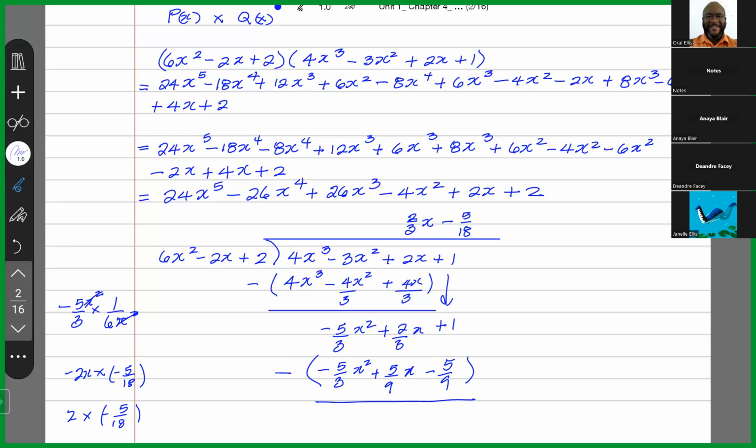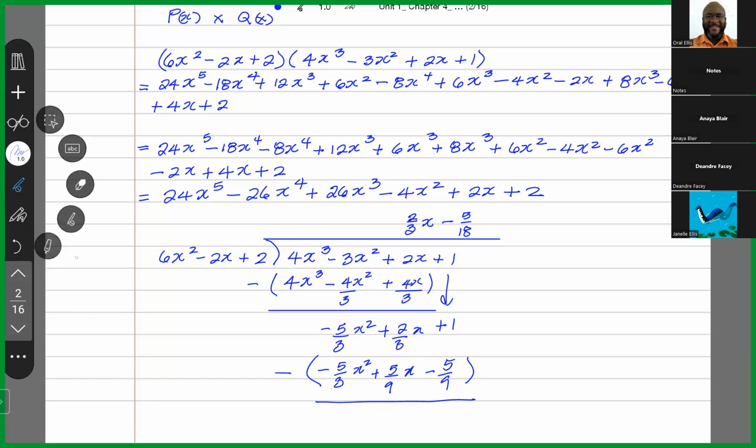When we do, we're going to end up with 2 thirds x minus 5 over 9x. When you subtract that, you're going to get just x over 9.